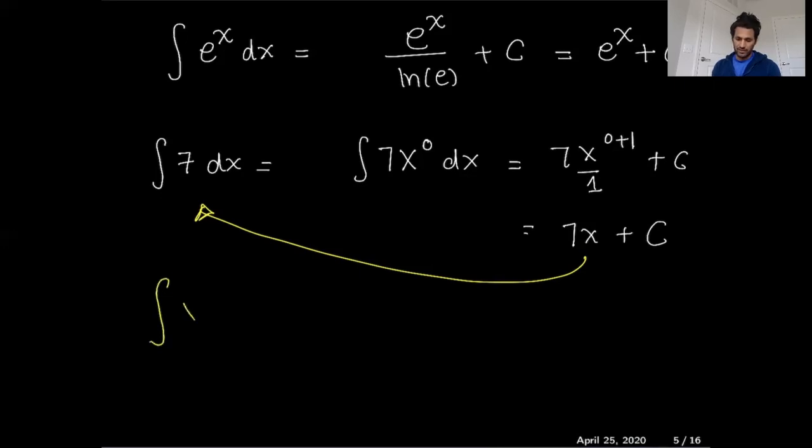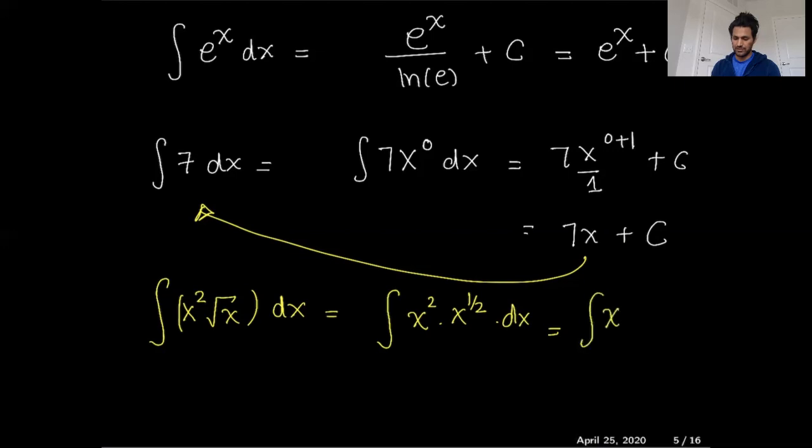Let's do one more, x squared times square root of x. Again, I will simplify. This will be x squared times x to the power 1/2 dx. Therefore, first simplify, this will be x to the power 5/2 dx, and the antiderivative will be 2/5 x to the power 5/2 plus c.